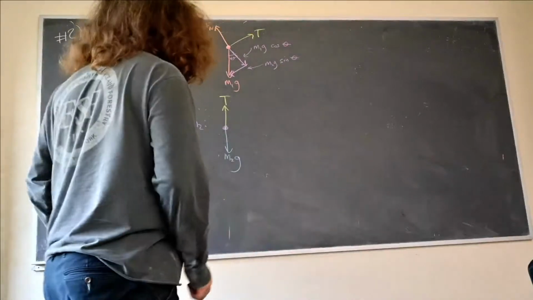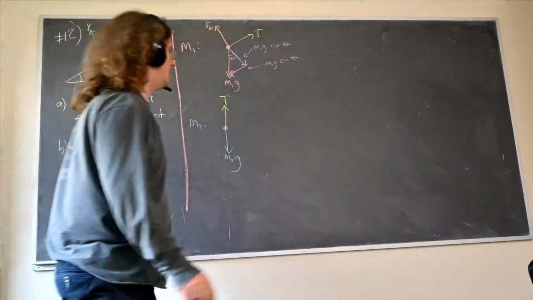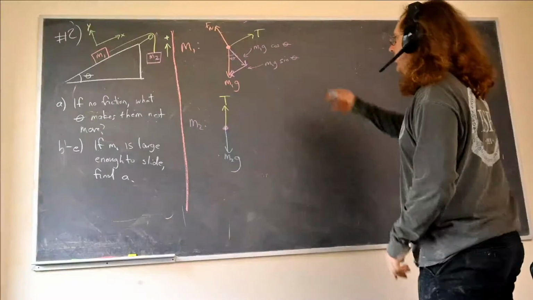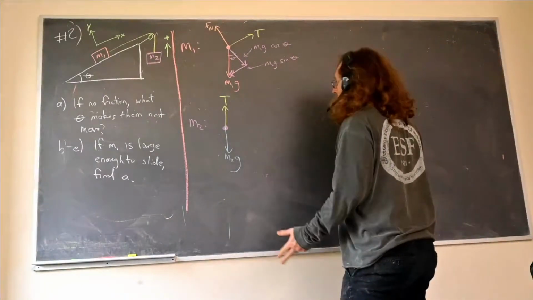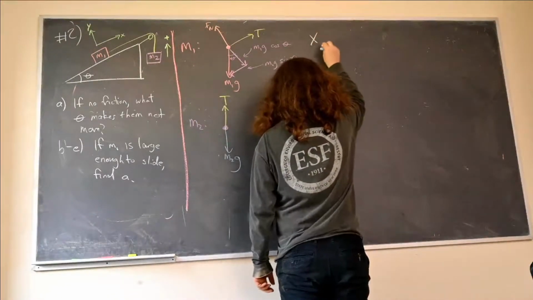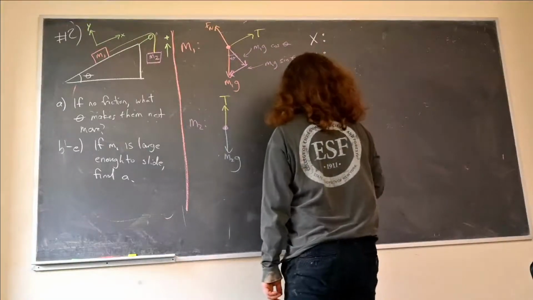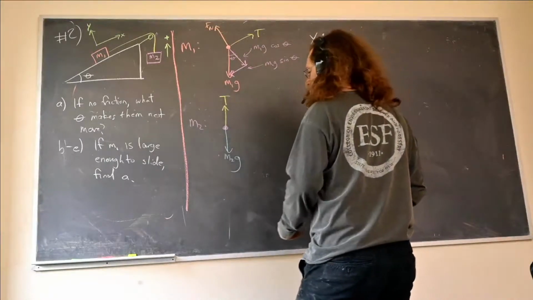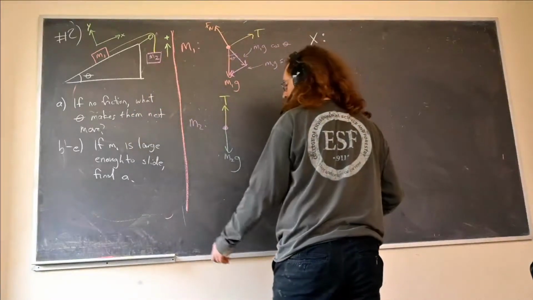So part 1 says, if there is no friction, what angle makes them not move? I'm going to have three equations for this, although I don't really care about the y equation for number 1. So let's go ahead and write down all three of them. So I'm going to have x and y here, and then I'll write this as y2. So my x equation: I'm choosing up the ramp to be positive and down the ramp to be negative.